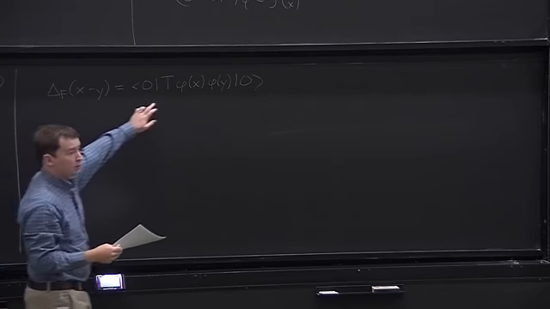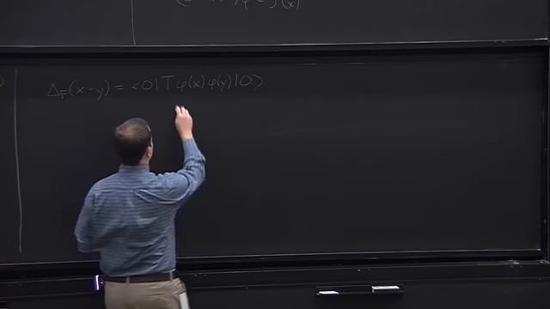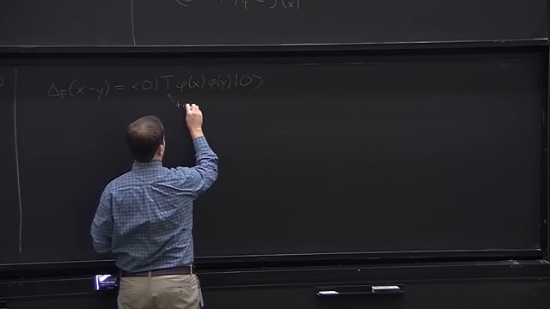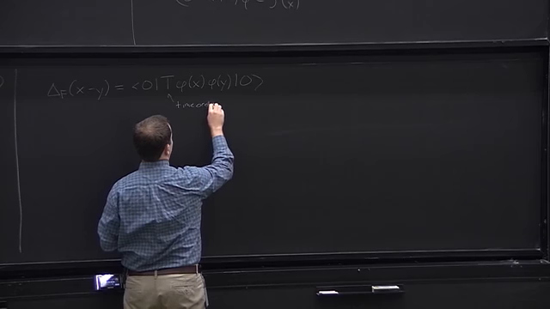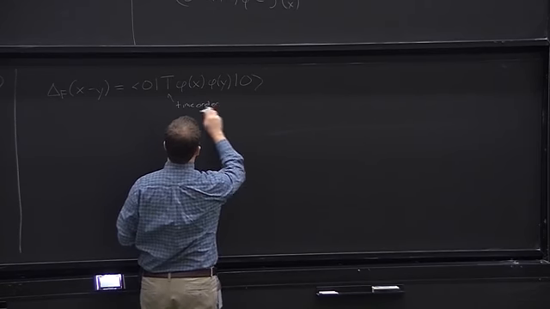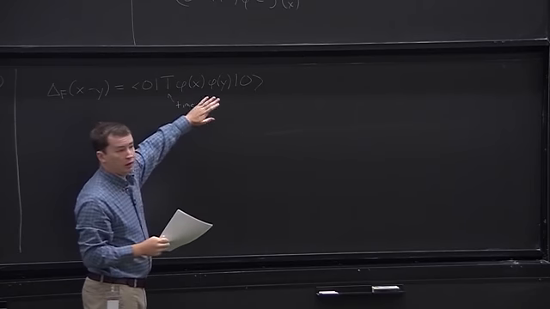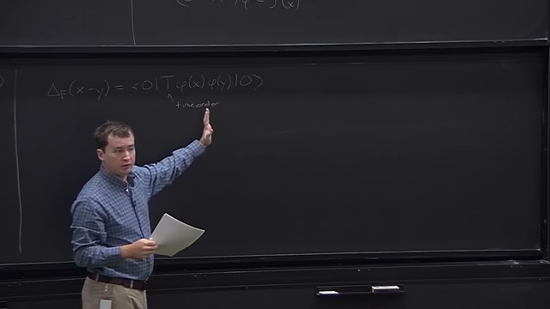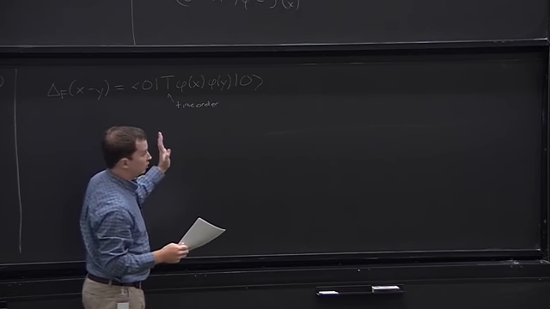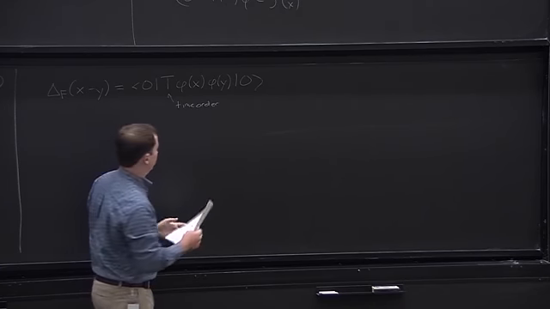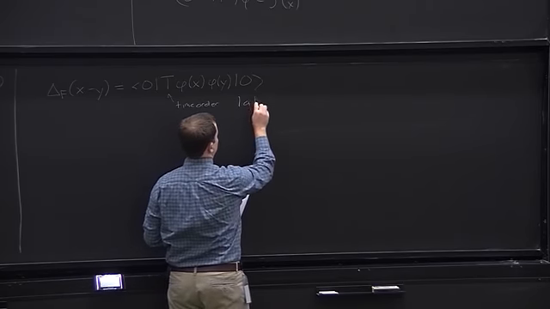So here I've introduced a new symbol. This is the time ordering symbol. It means take all of the operators that follow and move the latest one to the left, the second latest next, and all the way on to the earliest operator on the right.